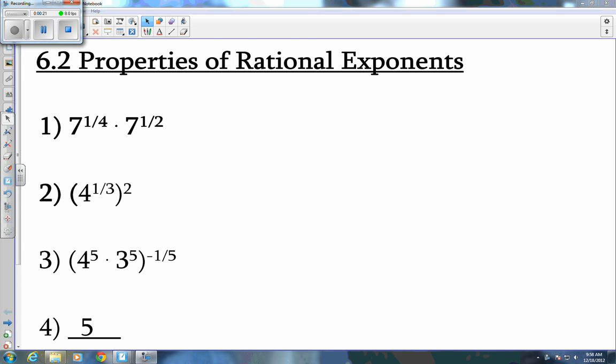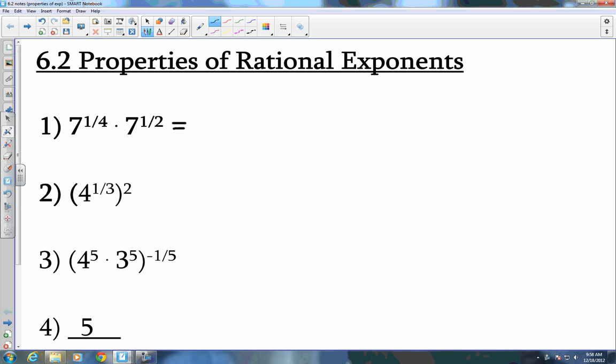You add them, and that's the same for fractions as it is for integers. The only difference here is I need to find a common denominator. So I have 7 to the 1/4 plus 2/4 gives me 7 to the 3/4.